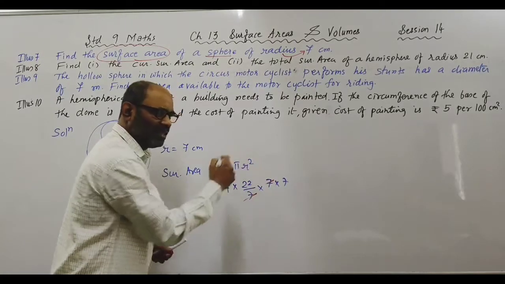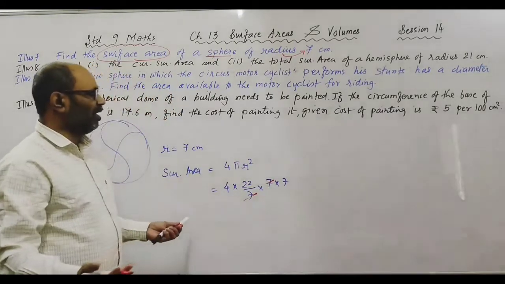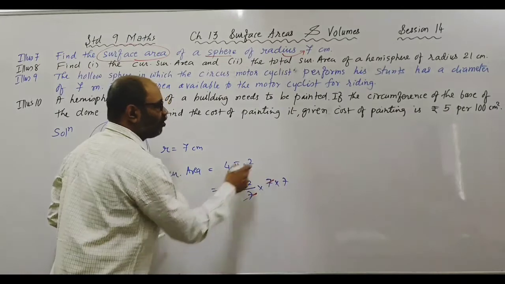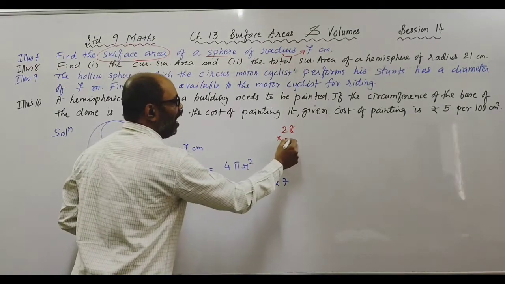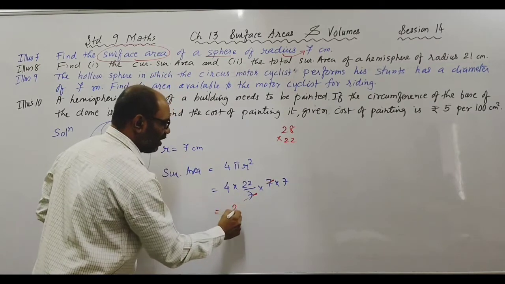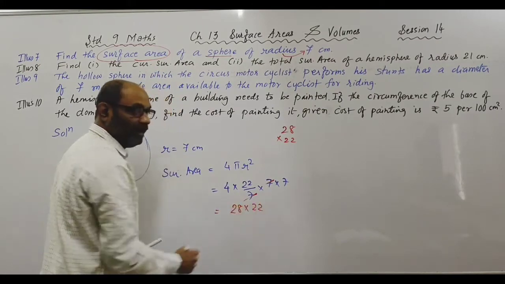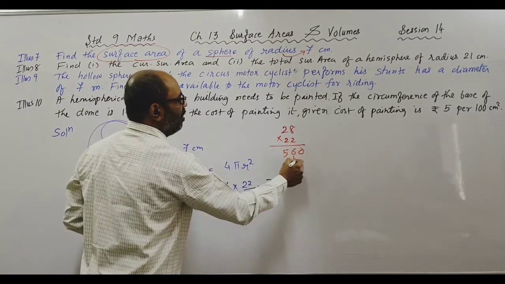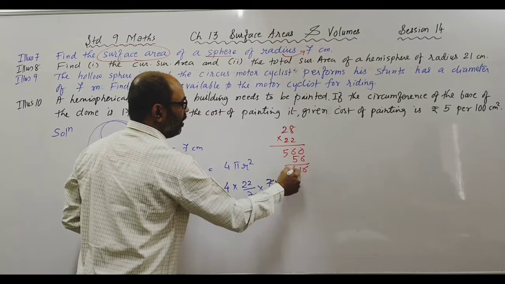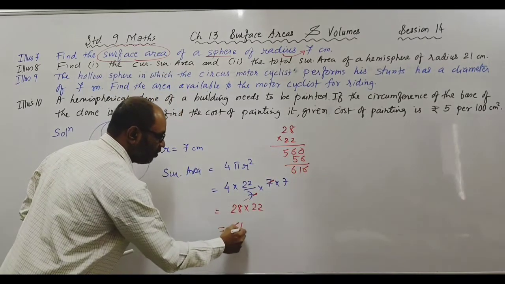I'll multiply this orally: 4 sevens are 28, multiplied by 22, that is 616.